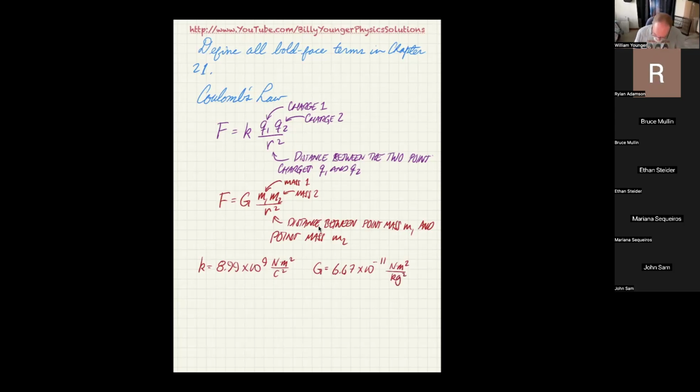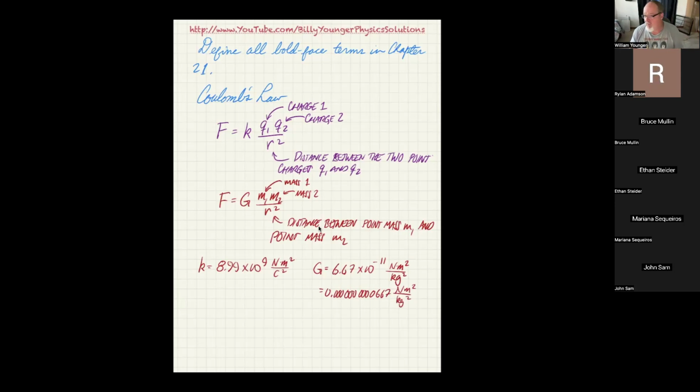So you can see that clearly the constant is huge. It's literally 9 billion for the Coulomb force. And in the case of G, it's literally 0.0000000000667 Newton meters squared per kilogram squared. So you can see it's a really, really small number in the case of gravity.